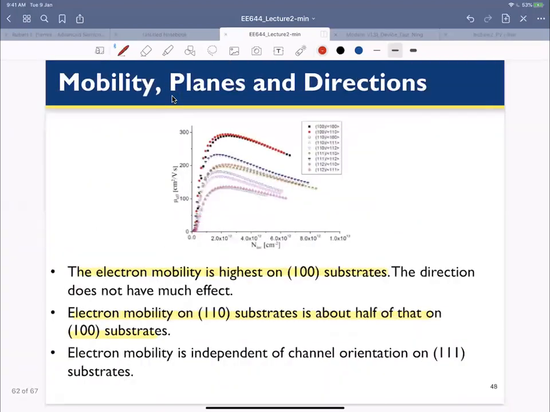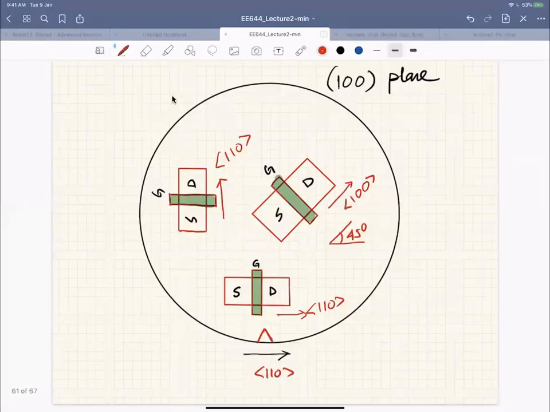Let's go back to this picture here. If this is a PMOS transistor, the hole mobility on the 100 plane is lowest.